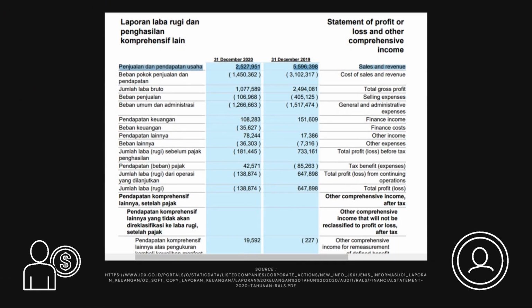Now, we move to the statement of profit or loss and other comprehensive income of PT Ramayana Lestari Sentosa. The reason they terminated their employees is that their sales revenue decreased from 5,596,398 to 2,527,951.